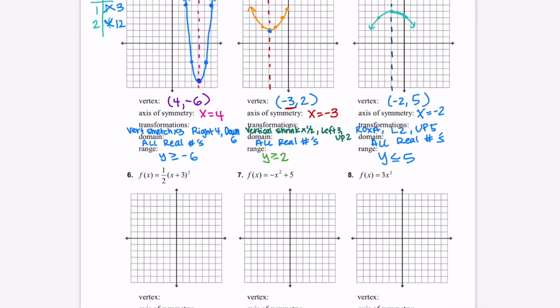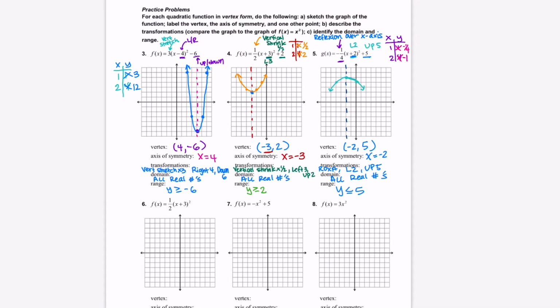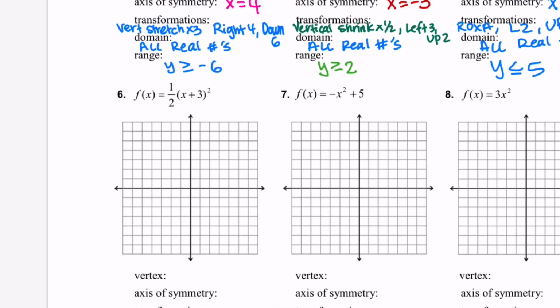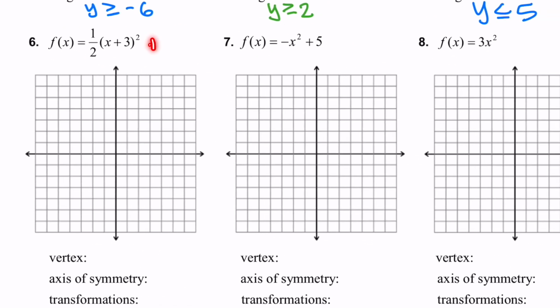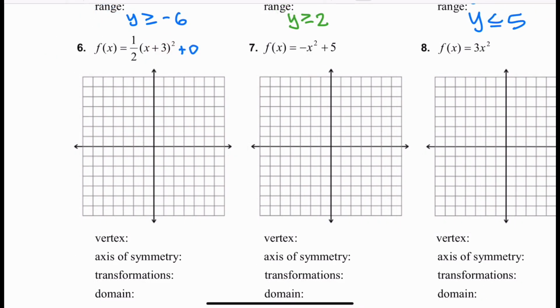x plus 3 squared. Now notice it's missing this up and down part. It's not going to go up and down at all. It's like we have a plus 0 here. So what happens is this makes it go left 3, and then this is up 0.